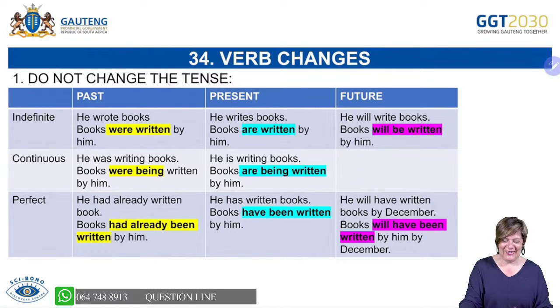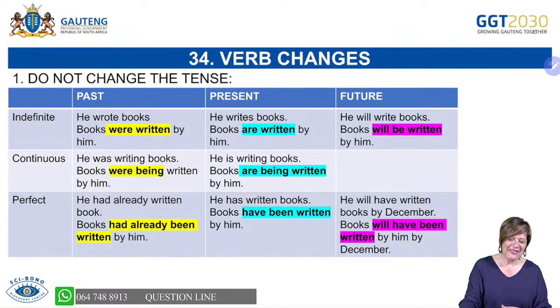Now at the perfect tense, for present tense, we're going to use has or have, and then we're going to use been, B-E-E-N. So you just have to know this. In other words, basically it means you have to learn this. Right. He has written books. Books have been written.